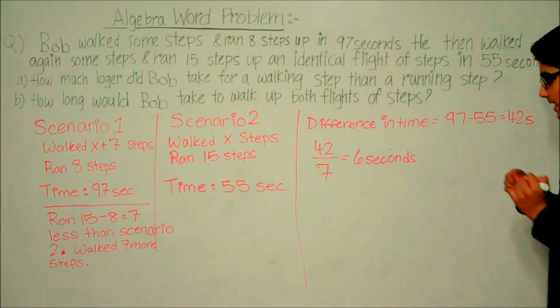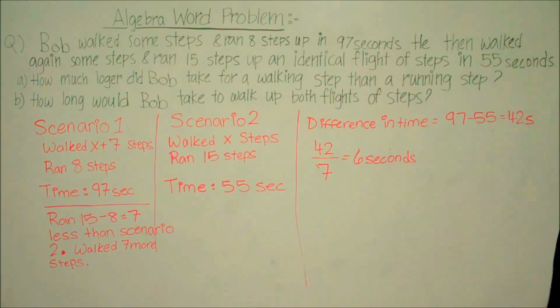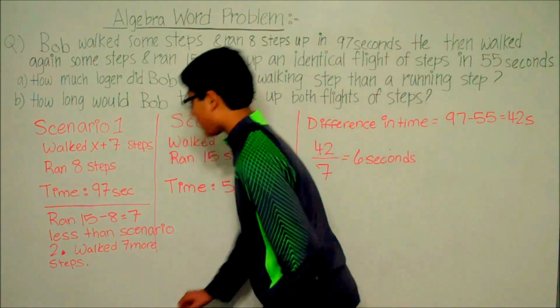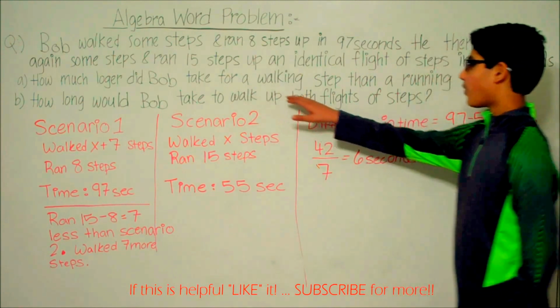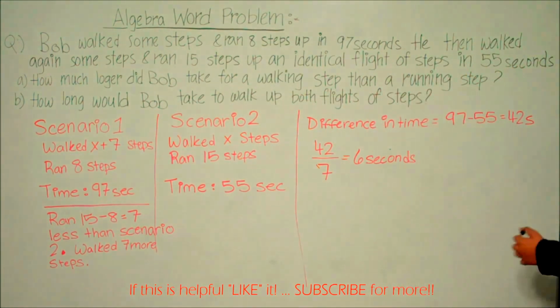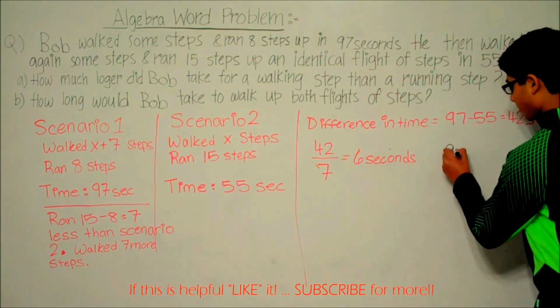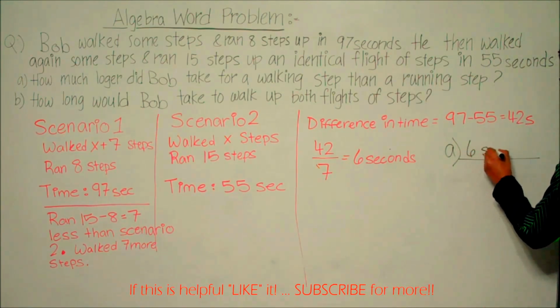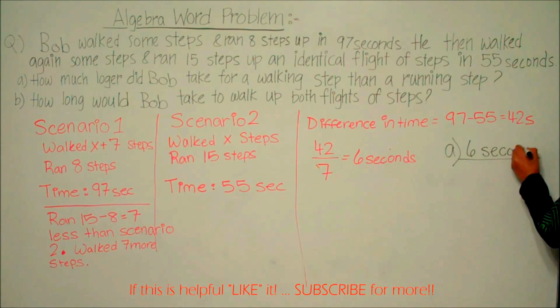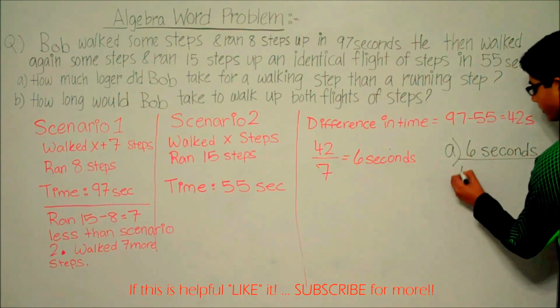So this means that it takes 6 seconds longer to walk one step than to run a step. So the answer to question A, which is how much longer did Bob take for a walking step than a running step, is 6 seconds longer.